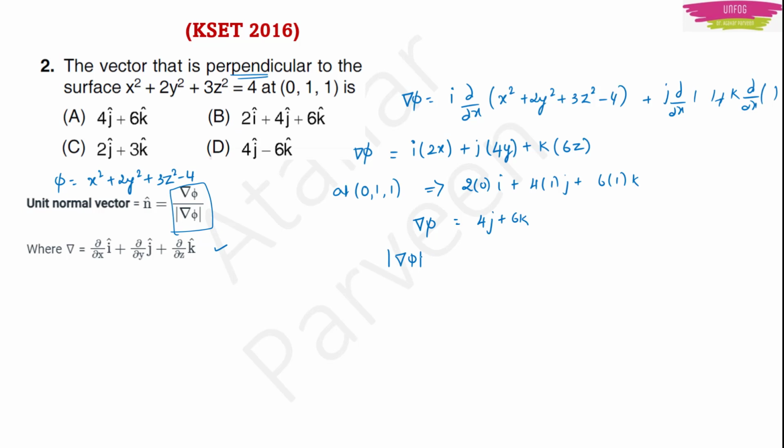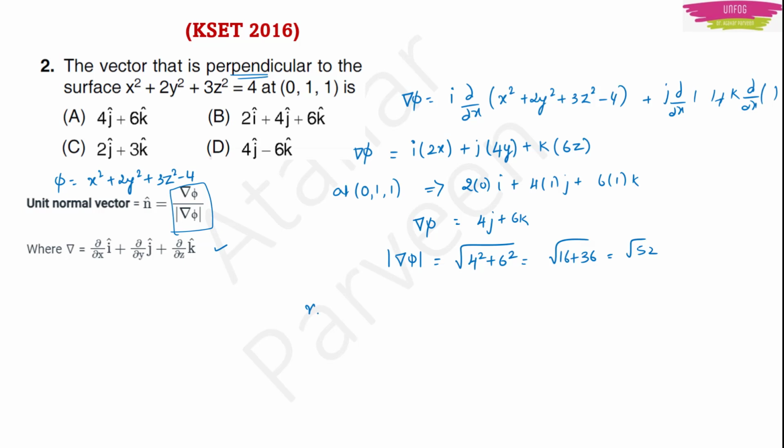I told you, right? In the starting of this lecture only I told you. Now to find the magnitude, I will take the square root of 4 square plus 6 square. This will give me square root of 16 plus 36, that is 52, square root of 52.